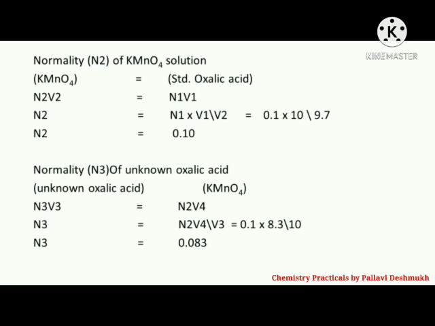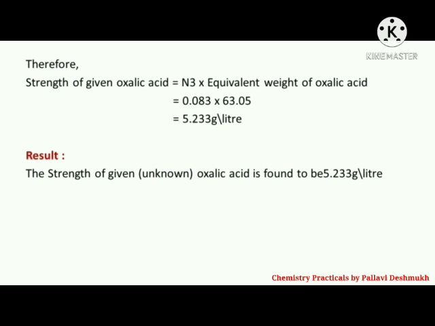Therefore, the strength of given oxalic acid can be calculated by using the formula normality of unknown oxalic acid into its equivalent weight, and the equivalent weight of oxalic acid is 63.05 gram. So the strength of given oxalic acid is 5.233 gram. Therefore, the result is that the strength of given unknown oxalic acid is found to be 5.233 gram per liter.